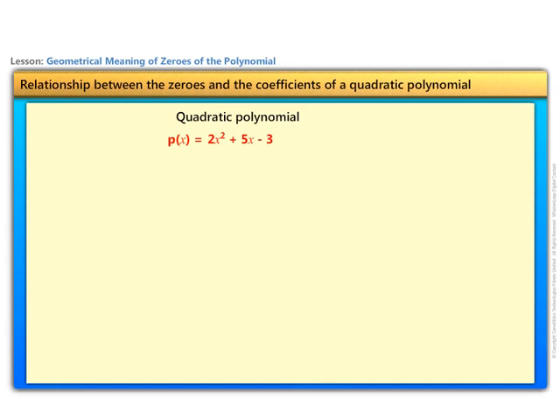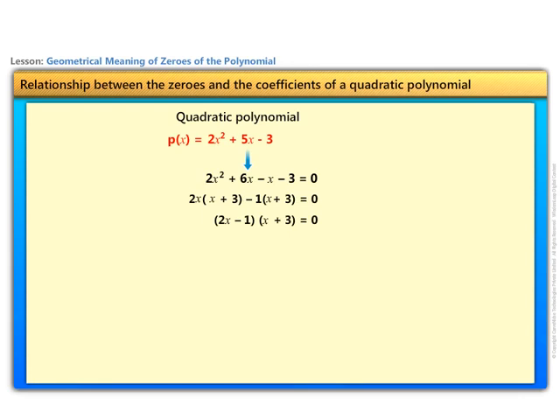So, we write 2x squared plus 5x minus 3 is equal to 2x squared plus 6x minus x minus 3, which is equal to 2x into x plus 3 minus 1 into x plus 3, which is equal to 2x minus 1 into x plus 3.